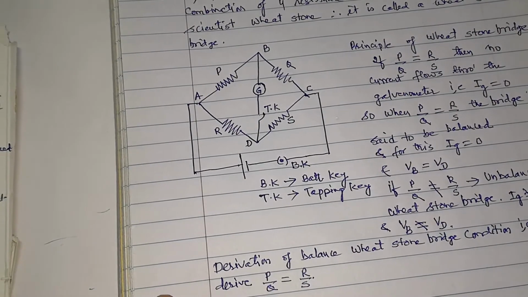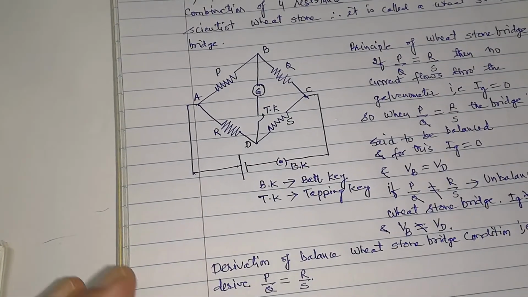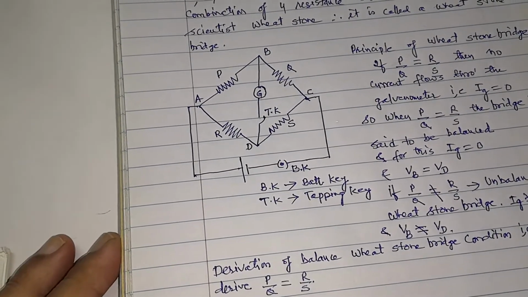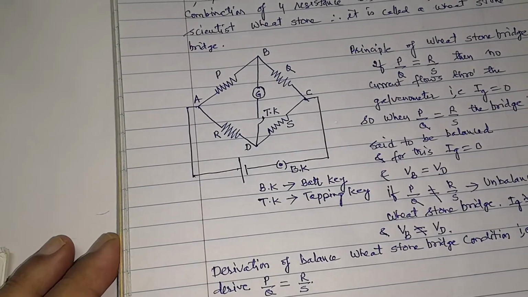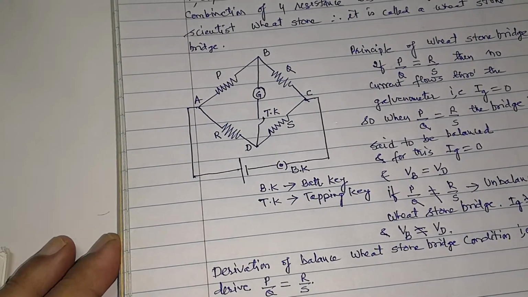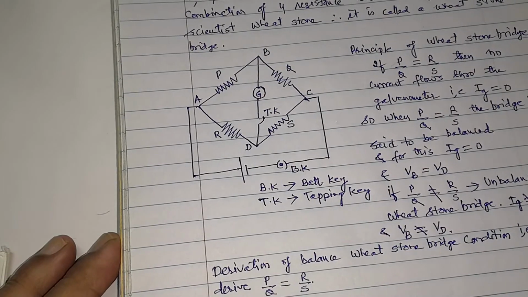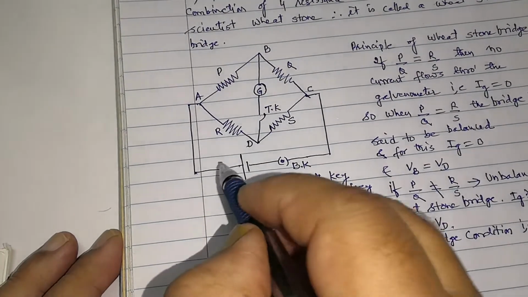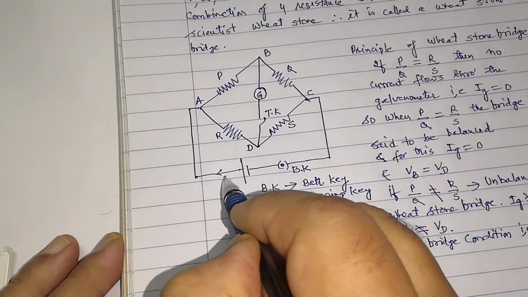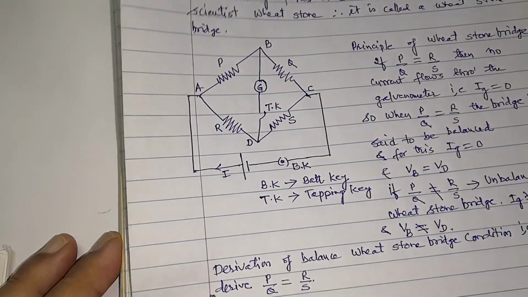Alright, now to derive this, let us assume that the battery which we have connected across the horizontal diagonal points A and C gives the current I in the circuit.